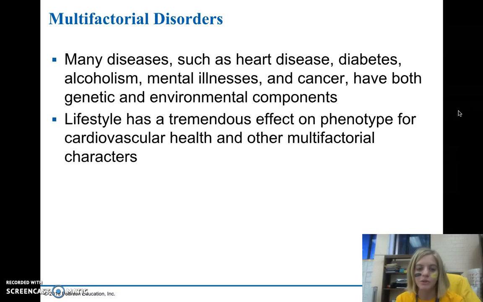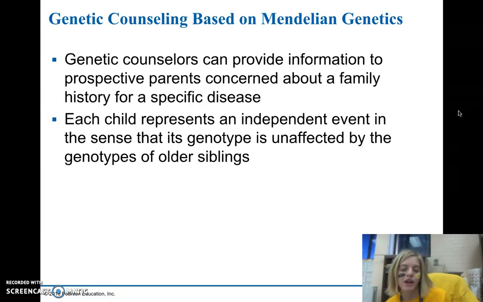And we don't fully understand this yet, but we do know that many disorders are not only genetic, they also have an environmental component. So genetic counseling is a field that has really grown in the last several years because we know so much more about genetics now. And genetic counselors are able to provide information to prospective parents concerned about the family history for a particular disease.